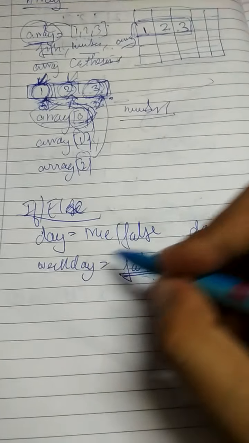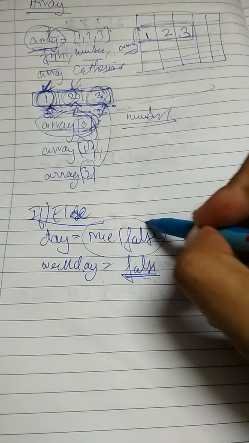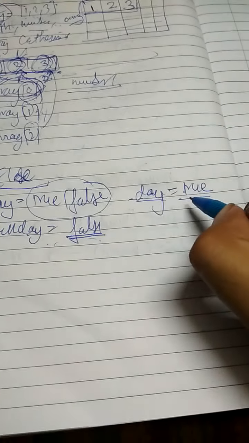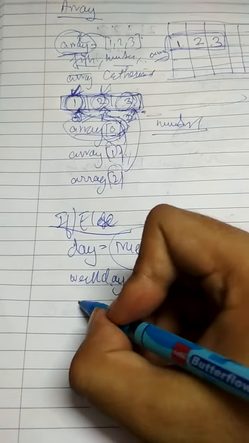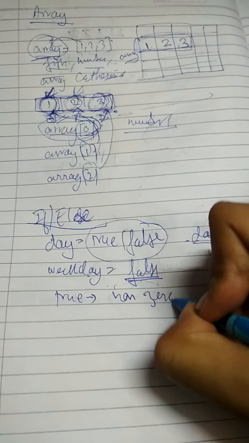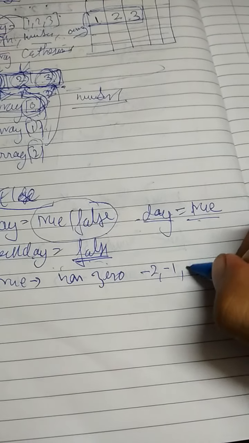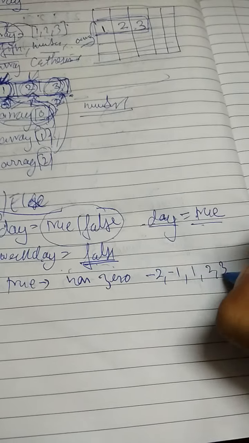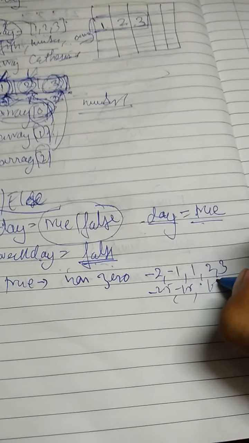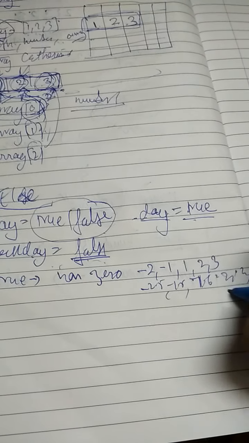So these are two Boolean variables. What are Boolean variables? A value which can be either true or false. Now true means non-zero values, like -2, -1, 1, 2, 3, -2.5, -1.5, -1.6, -1.7, 2.3, 2.4.